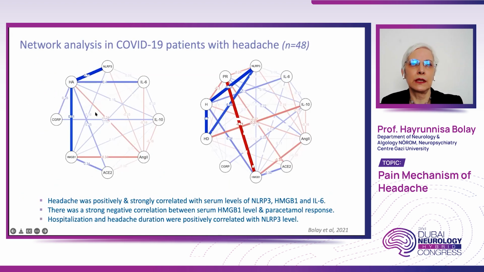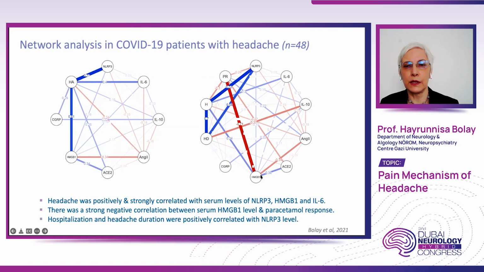When we did the network analysis, the headache was positively and strongly correlated with HMGB1 levels and also NLRP3 levels and IL-6 levels, not the other ones. And I think HMGB1 was also negatively and strongly associated with paracetamol response.